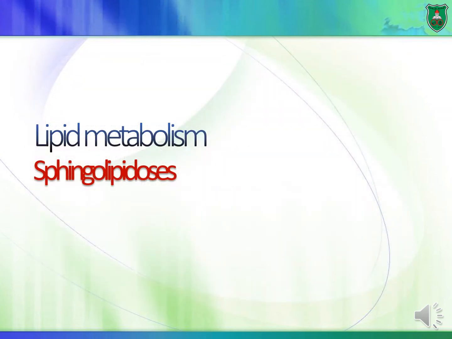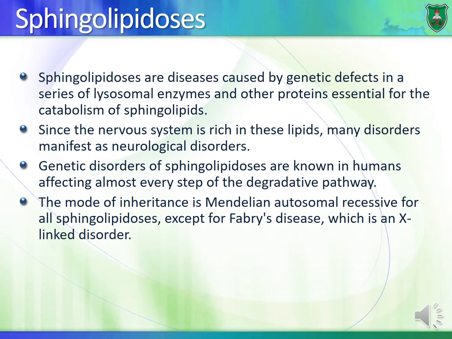So, in terms of lipid metabolism, there are many disorders, but what I'll talk about in here is sphingolipidoses. Now, sphingolipidoses basically are related to problems in the metabolism of sphingolipids. Now, sphingolipids are important in many tissues, particularly in the central nervous system.